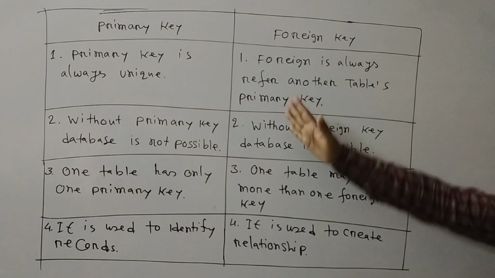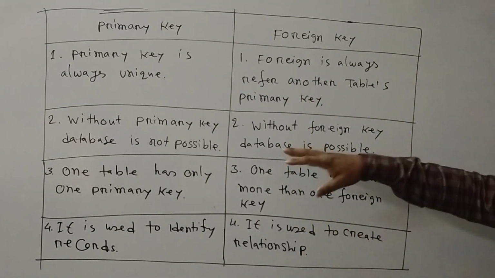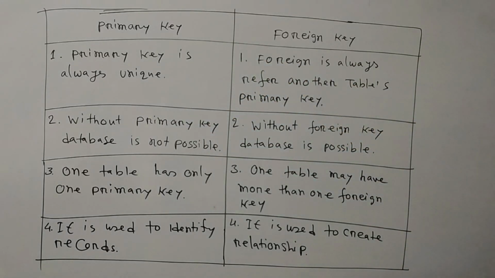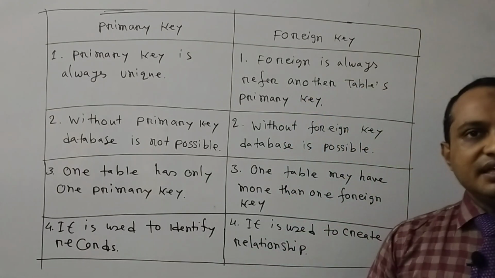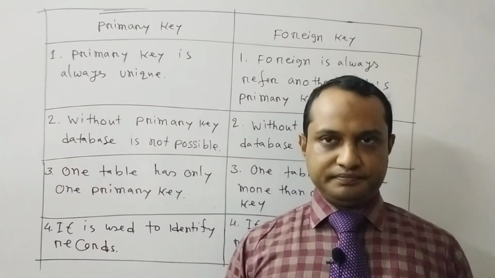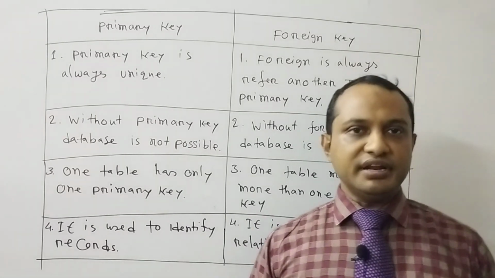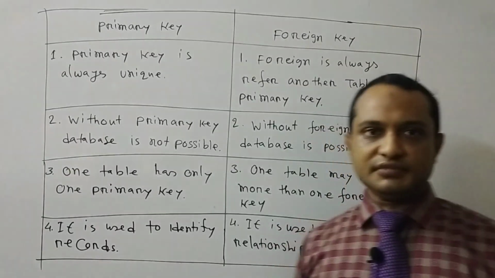This is the difference of primary key and foreign key. At first, you need to write the difference between primary key and foreign key. Then finally you will write, so primary key and foreign key is not same. This is your final answer.